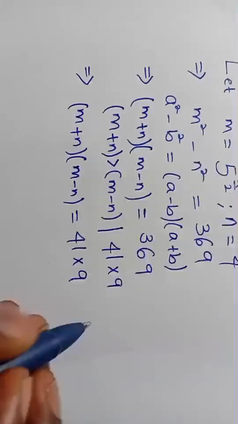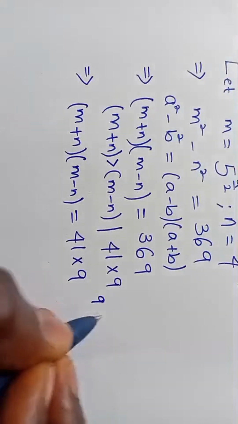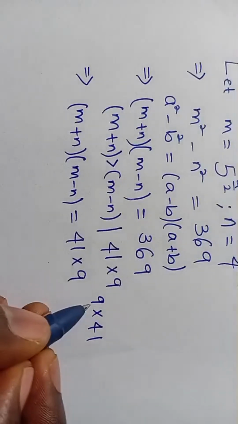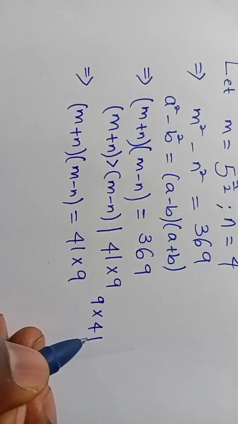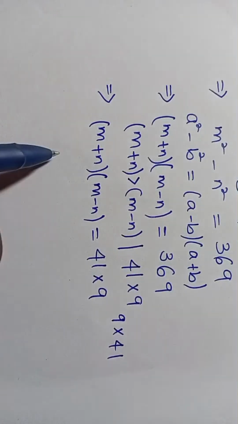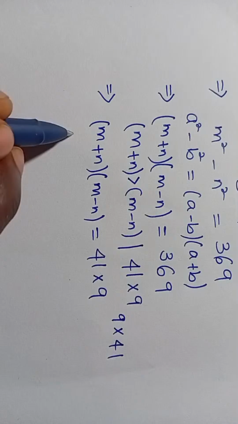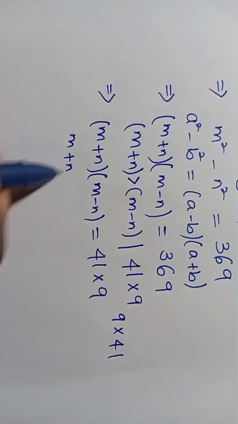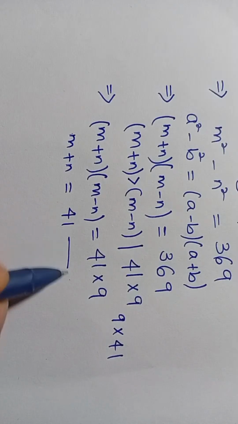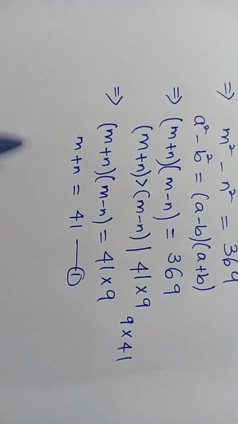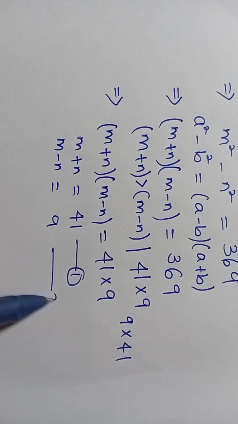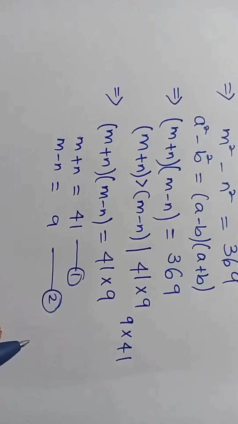And the reason why we don't want to consider 9 times 41 is because this 9 is lesser than 41. So from here now, we have to equate: m plus n will be equal to 41. Let's name this as equation 1. Then m minus n will be equal to 9. Let's name this as equation 2.